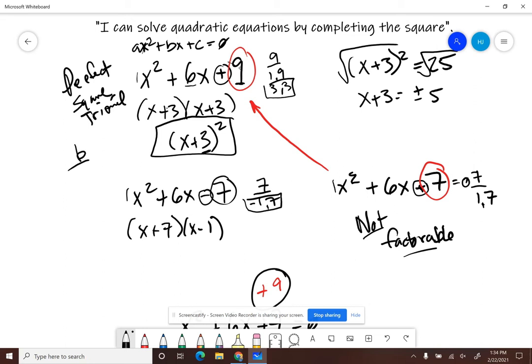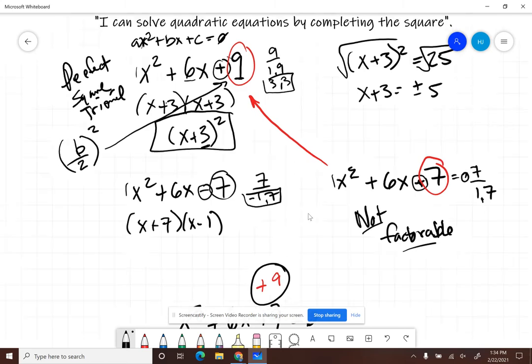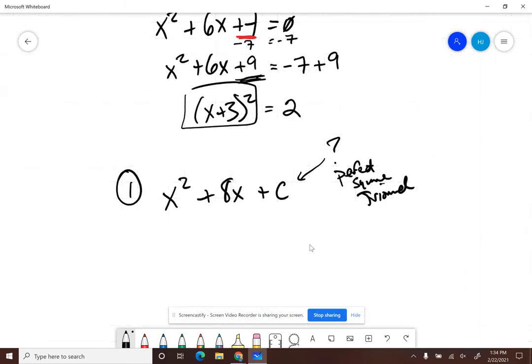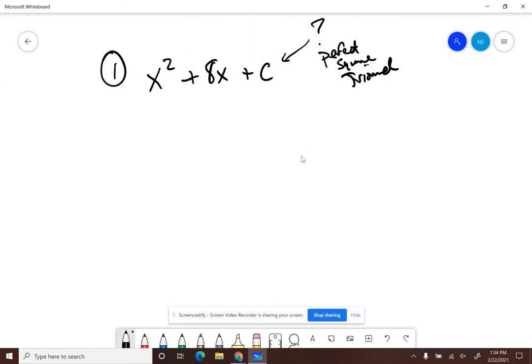If I take b and divide it by 2, and then square it, it gives me this term right here. Now let's go back down and look at the problem we've been given. We've got x squared plus 8x plus c. What value do I need to put right here to make this a perfect square trinomial? All you have to do is take b divided by 2 and square it.